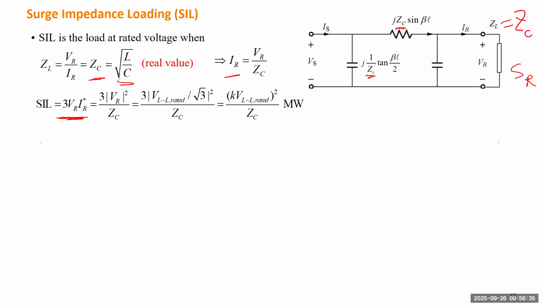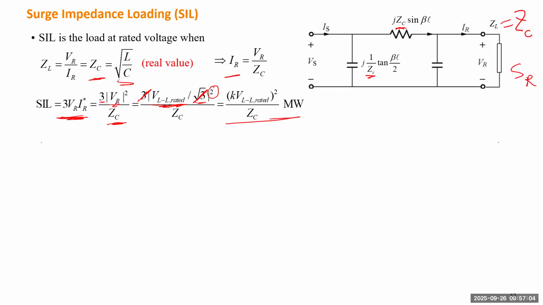We calculate the complex power for 3 phases, so we use this formula. We know the voltage and we know the impedance, and multiply by 3. Here we want to change the line-to-neutral voltage to line-to-line voltage by dividing the voltage by root 3. Because of the square, this root 3 squared will cancel with the 3.